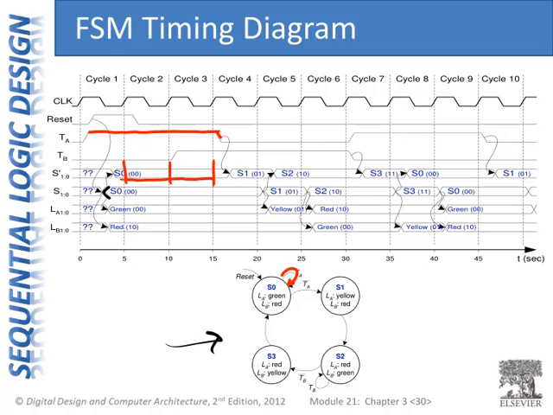And finally, when TA goes low, we're in S0, TA goes low, and we start to calculate the next state as S1. So at the next clock edge, the current state becomes S1. And so forth. So you can trace through your circuit and see how your timing diagram works out. And it should follow your state transition diagram.